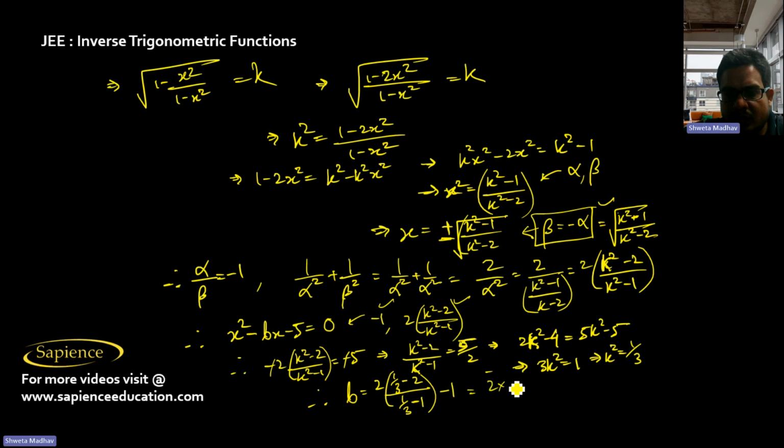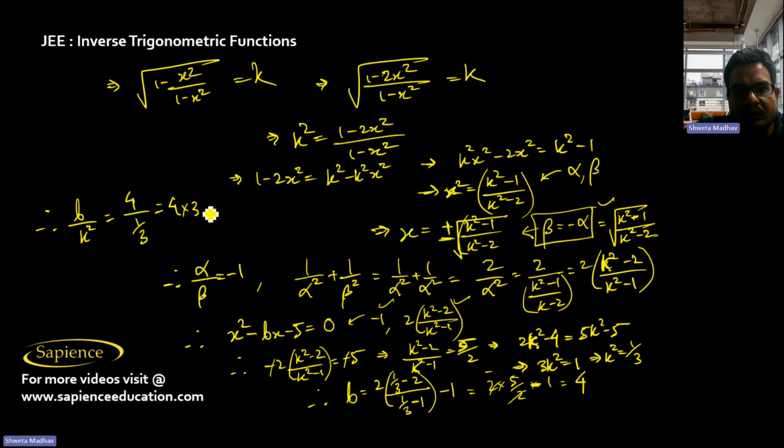So it is 2 into 5 by 2 minus 1. This is 5 minus 1, that is 4. So b is 4. So therefore b by k square value we have to find. So b is 4 and k square is 1 by 3. So 4 into 3, that is 12. So 12 is the answer.